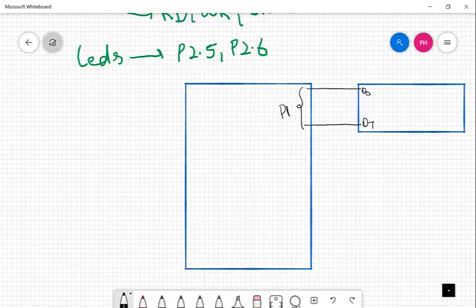Is that okay? And then I have RS, register select, that I am connecting to P2.0, and I also have enable that I am connecting to P2.1.